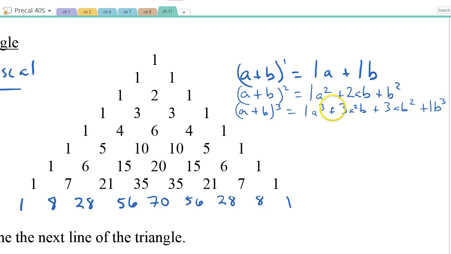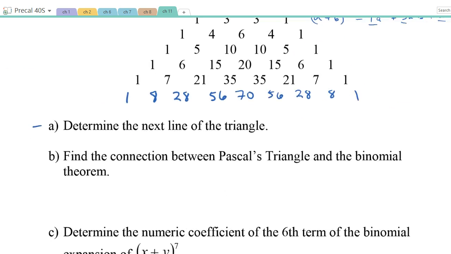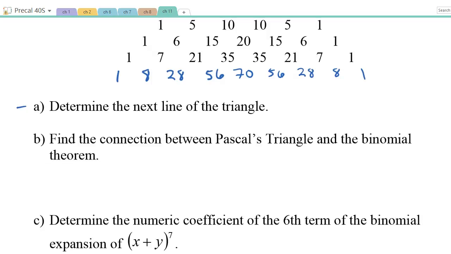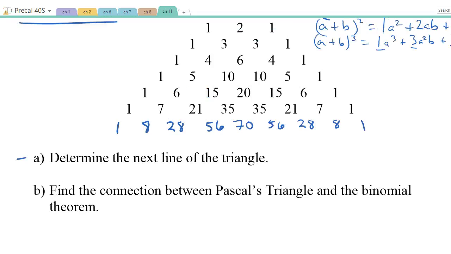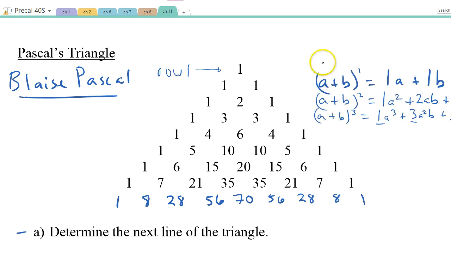So you see what's happening here, that this shows us the same pattern. So how could we write our sentence here? Let's just take a look at this. This is row 1, and that would be an example for (a plus b) to the power of 0, which is just equal to 1.